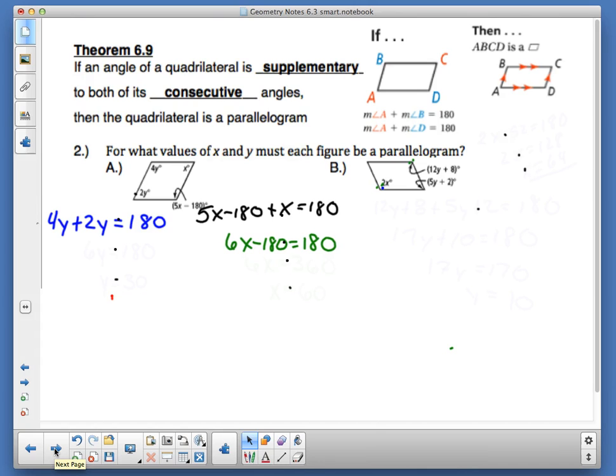But notice I could have set this up using systems of equations, because I could have said, hey, 2y plus 5x minus 180 and 4y plus x equals 180. But folks, if I can avoid setting up the systems, do so. I mean, avoid with reasonable support of properties, do so.